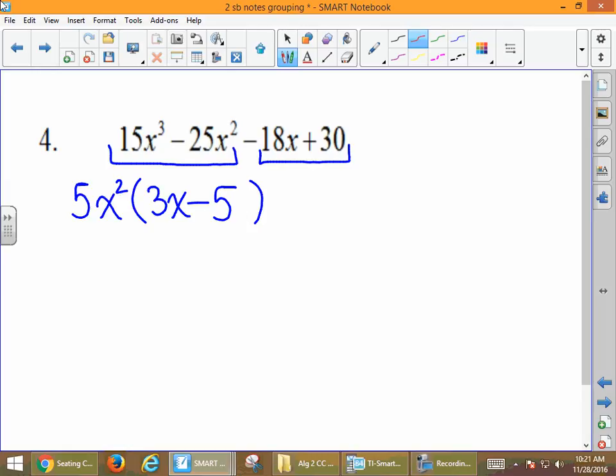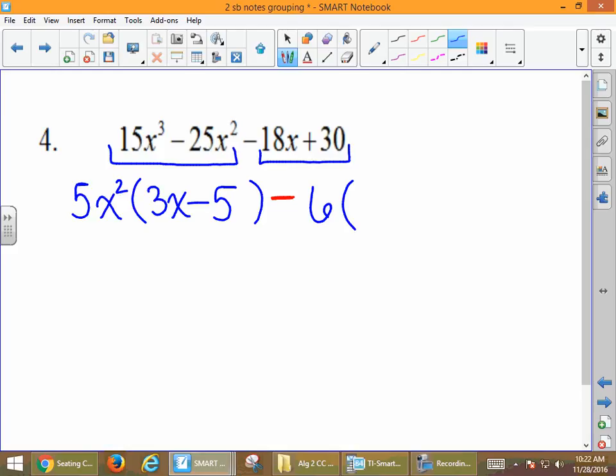Now watch out, because there's a minus sign in between. But what's the greatest common factor between 18 and 30? It's actually 6. So if you thought 3, things aren't going to work out. So if it didn't work out, go back and see if there's anything else.